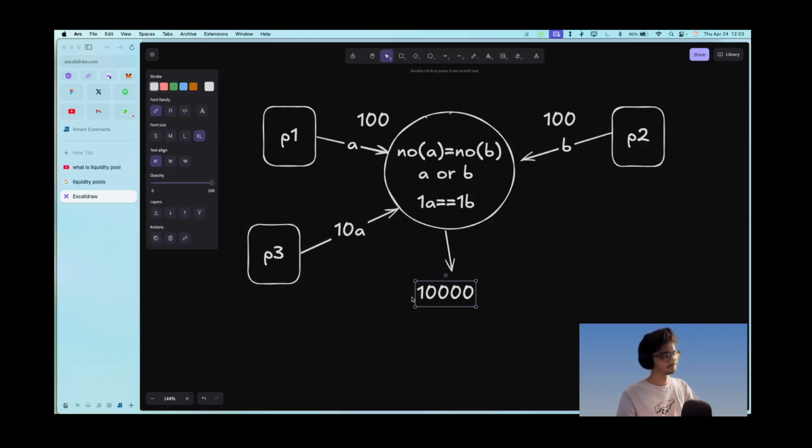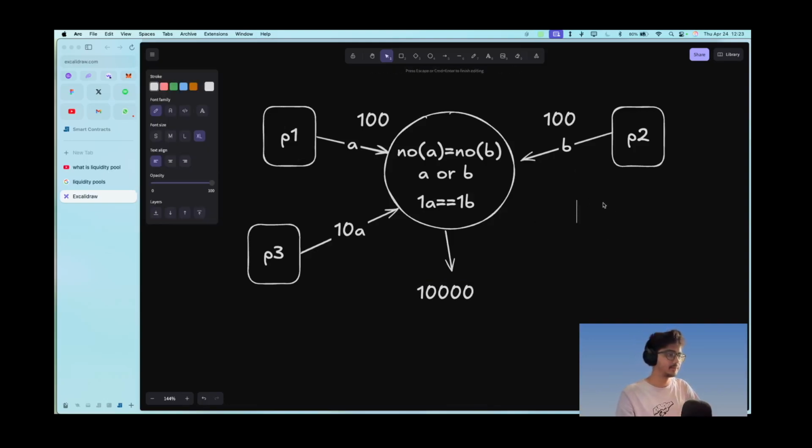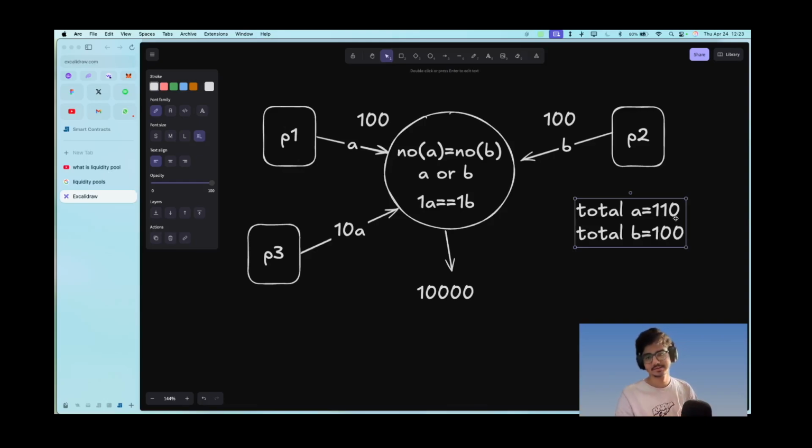Okay, now the total amount of A will be 110 and total B will be equal to 100. So this disrupts the ratio. It will not be equal to 10,000. We want this to be equal to 10,000.